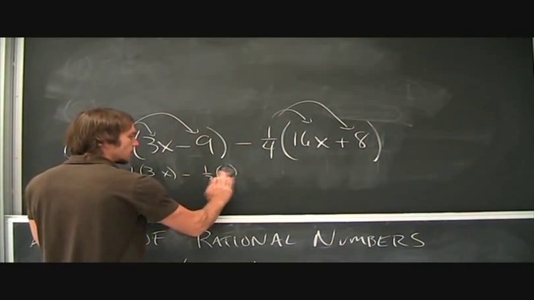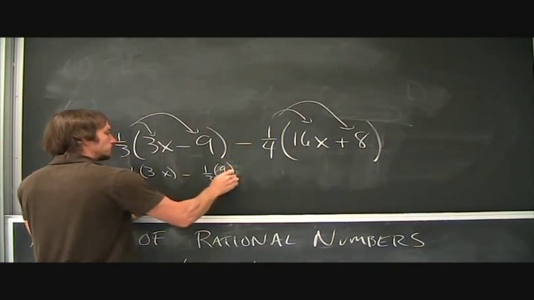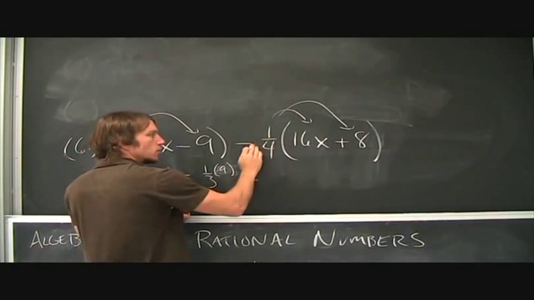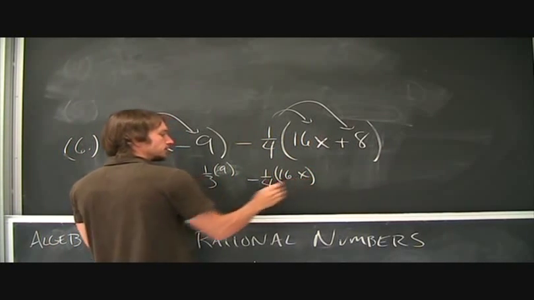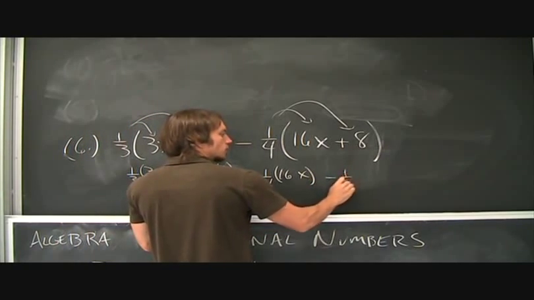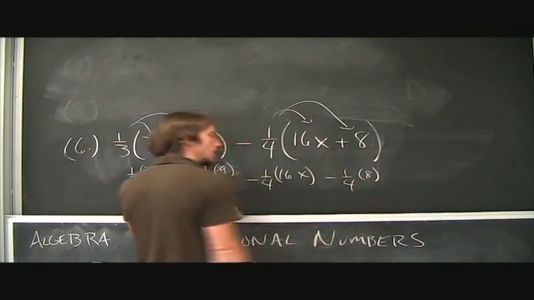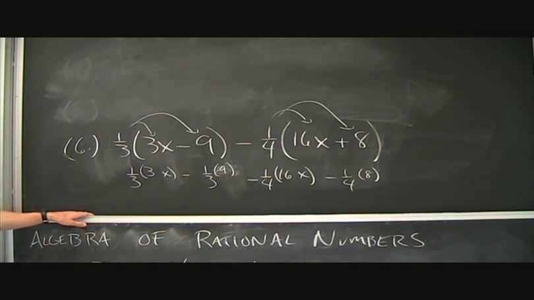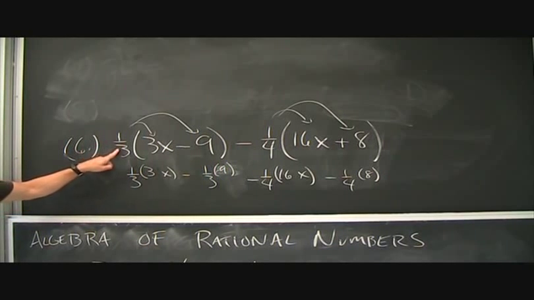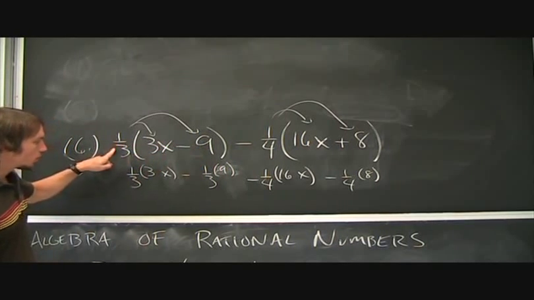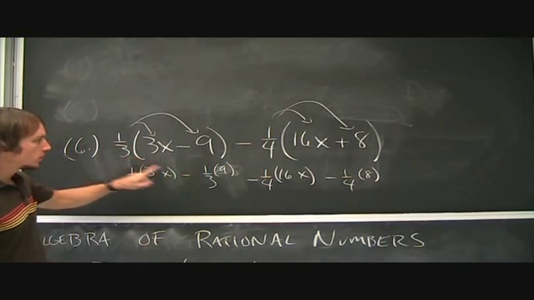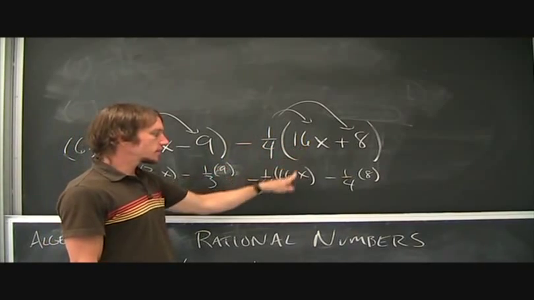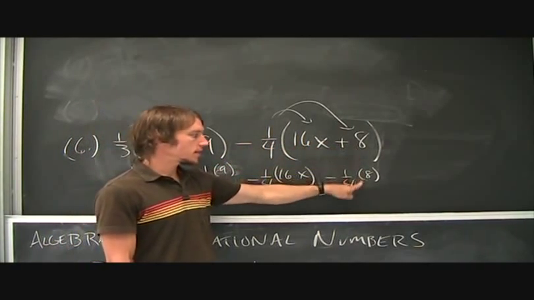Okay, that's a 9. Over here, minus 1/4 times 16x. And then minus the 1/4 times the 8. Okay? So that's the distributive property. We literally distributed the 1/3 to both of these. 1/3 times 3x, 1/3 times 9, negative 1/4 times 16, negative 1/4 times 8.